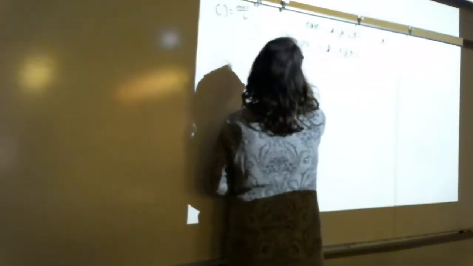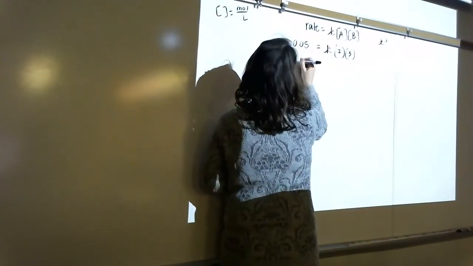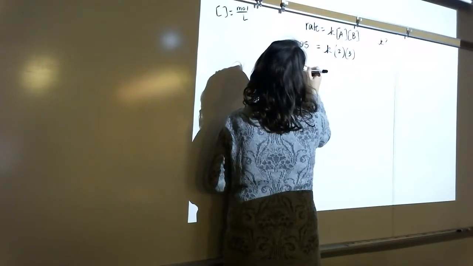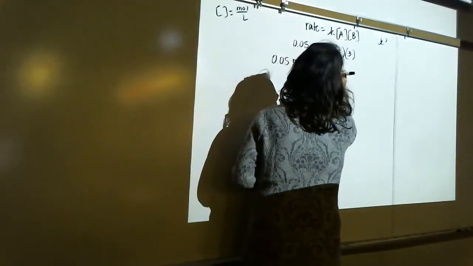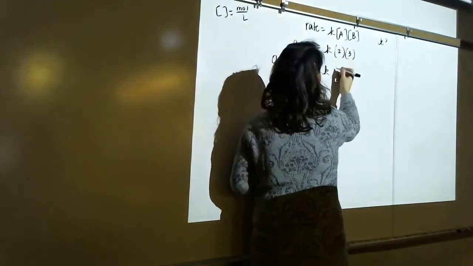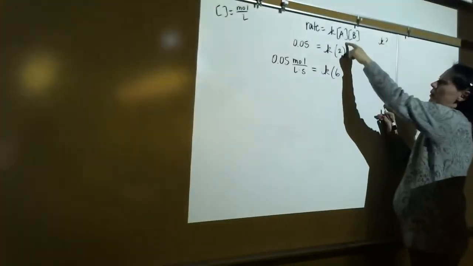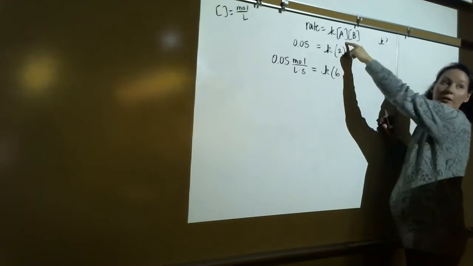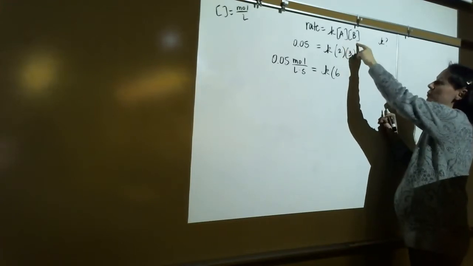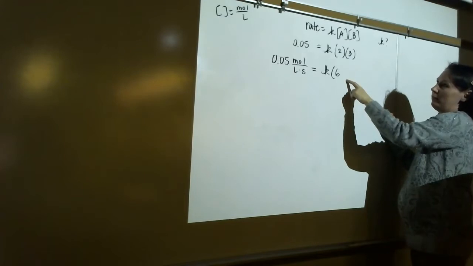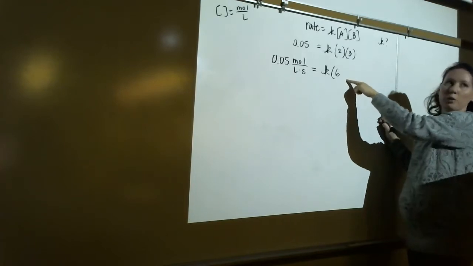So we would say 0.05 moles per liter second is equal to K. What's 2 times 3? That's 6. Okay, watch my units. Brackets is moles per liter, right? And so brackets times brackets is what? What's moles per liter times moles per liter?